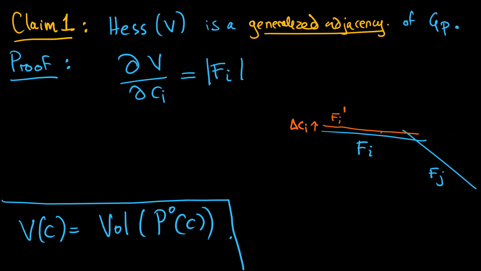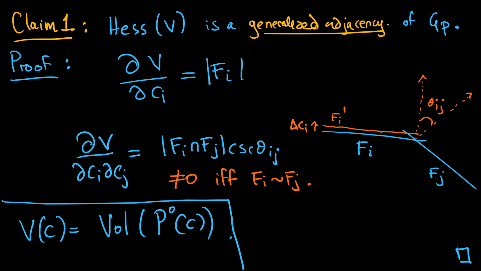Now, if we were to take the derivative of this function with respect to a different slack variable, say c_j, then we want to know how quickly the size of one facet changes as you change the slack variable corresponding to a different facet. And there you can see that that value will only be non-zero if the two facets intersect.